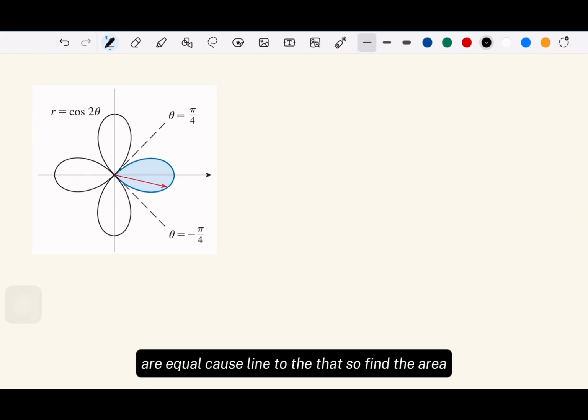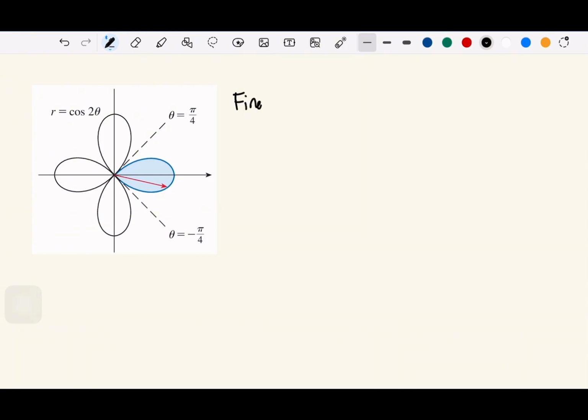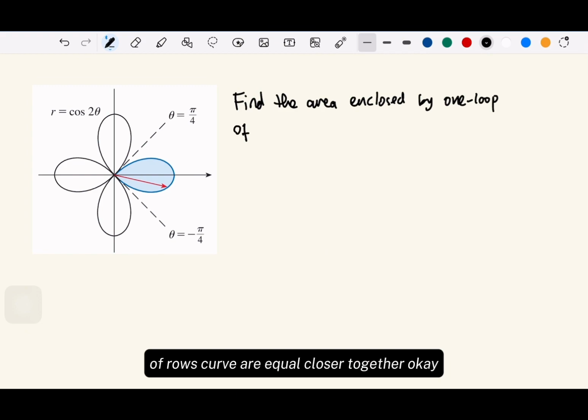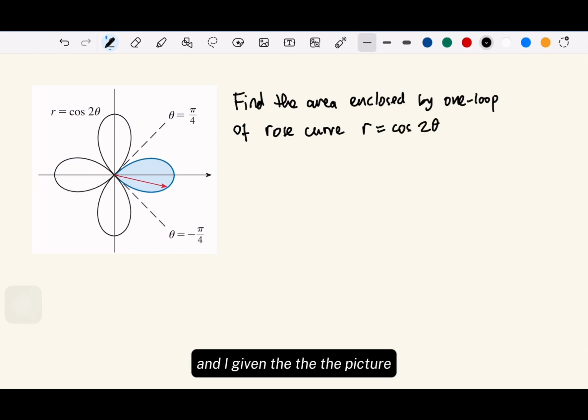So find the area enclosed by one loop of the rose curve r equals cosine 2 theta. And I've given the picture.